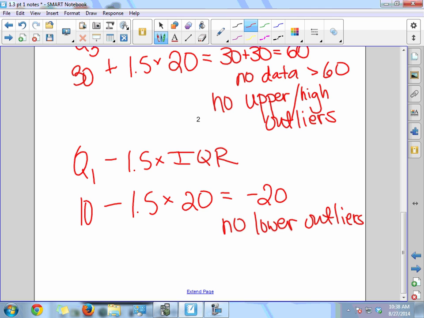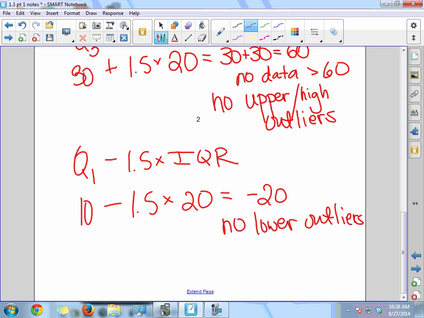You could definitely have more than one outlier in your data set. You could have outliers on either side. If you're, say, given a histogram, I wouldn't expect you guys to actually go through and calculate outliers. I would expect you to do it the same way we've always been doing it.